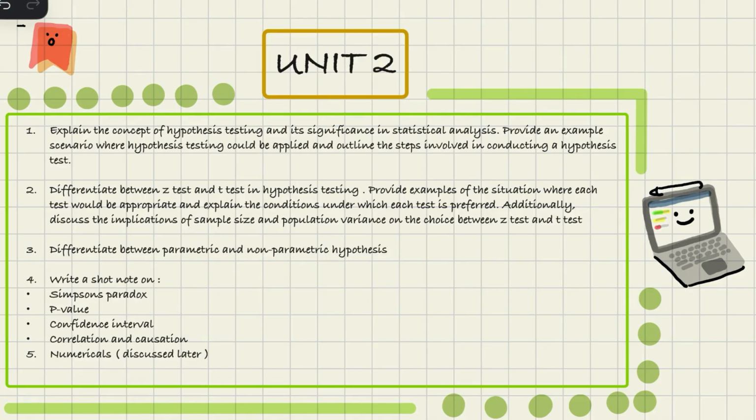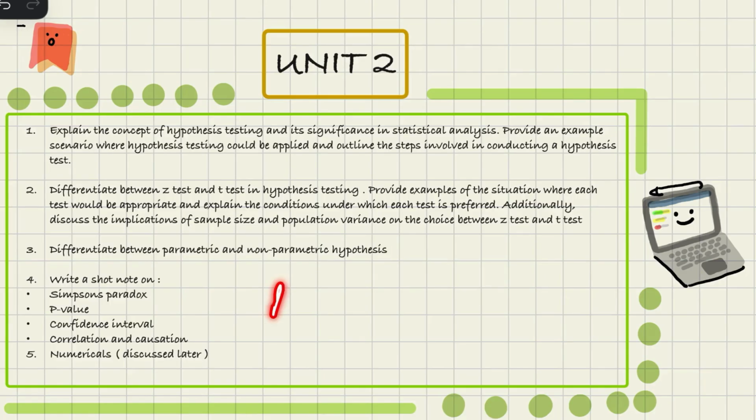Our main goal today is to understand the bedrock of statistical inference, that is hypothesis testing. We'll be talking about what hypothesis testing is, what its significance is, and different types of tests, that is Z test, T test, and also what parametric and non-parametric tests are.